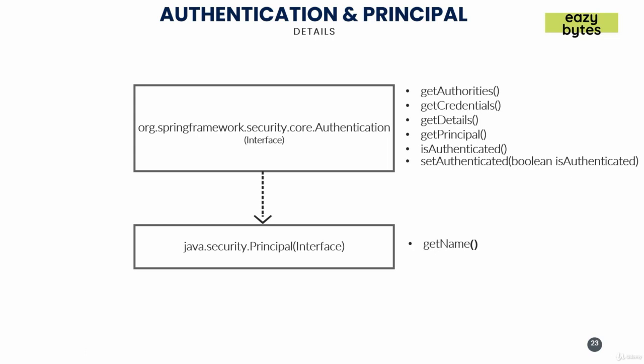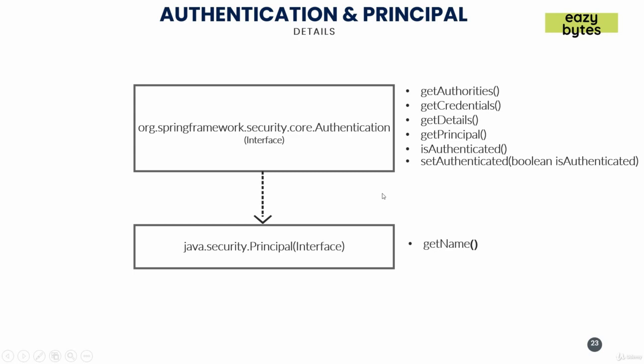But the authentication interface has various methods like getAuthorities, which returns the authorities associated with this user; getCredentials, which usually represents the password of the user; and getDetails, the additional details that we want to maintain for this user, like the IP address he's trying to log in from. Any such additional details we can maintain and fetch from the getDetails method.